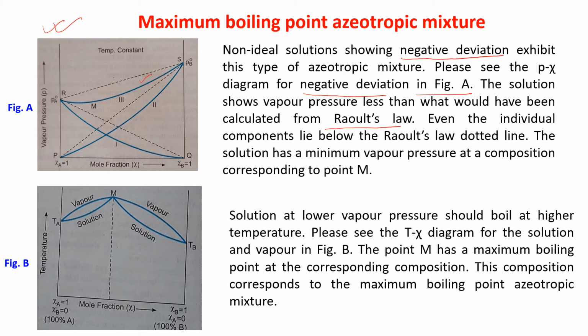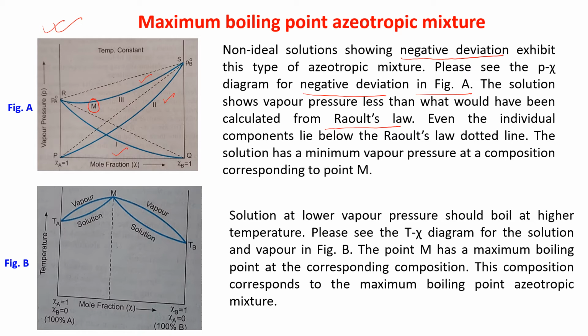The curves 1, 2 and 3 are lying below the graph which we get from Raoult's law. So they are showing the negative deviation. The solution has a minimum vapor pressure at a composition corresponding to M. This point M lies on the observed solution curve, that is line 3.